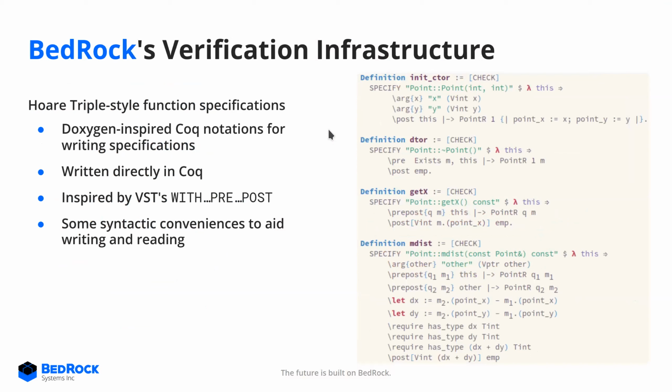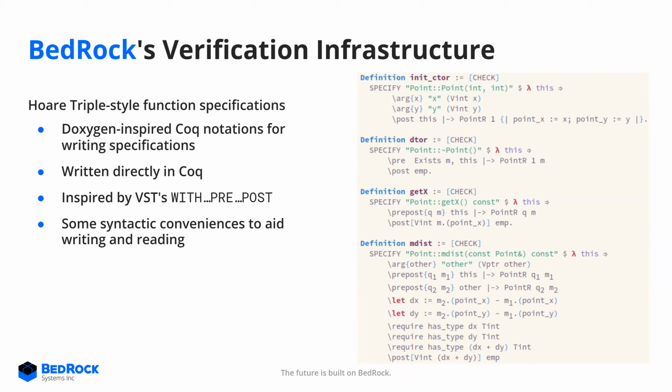So on top of the semantics, we have verification infrastructure. It doesn't really have a great name. It's currently mostly internal. I'm showing a little bit about how it works. At one point in time, our CPV2V tool would take Doxygen comments, parse them, and paste them into Coq files that we would run in Coq.